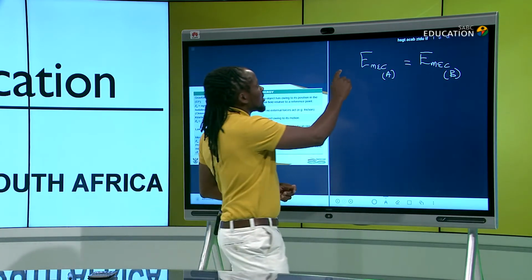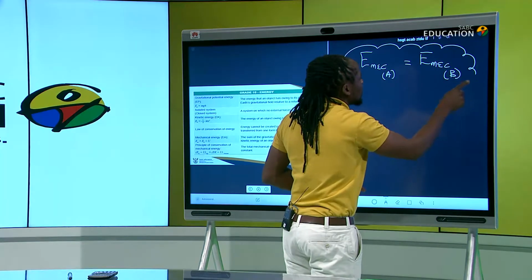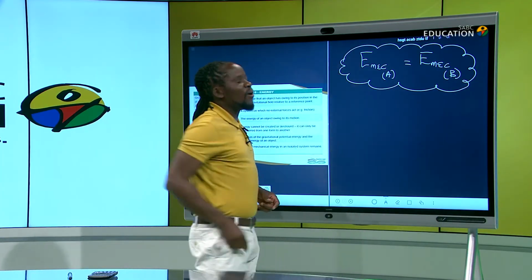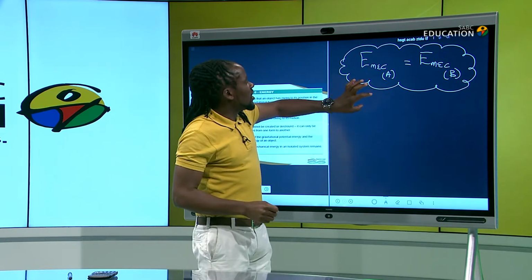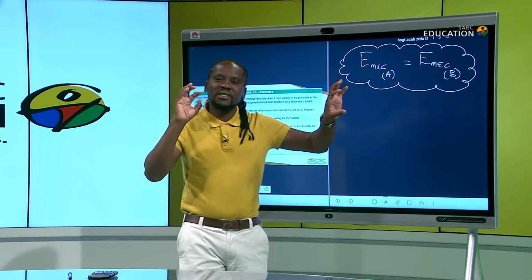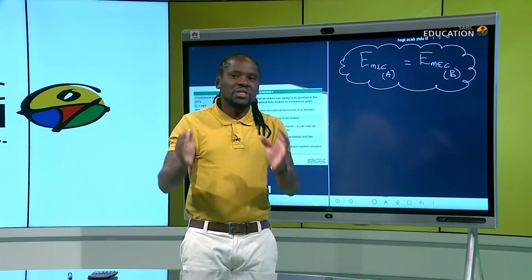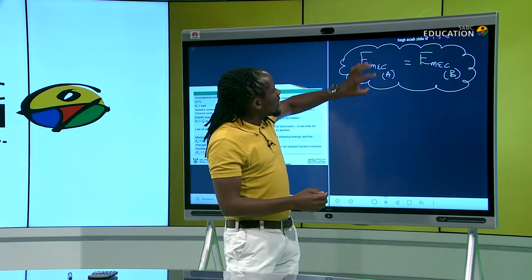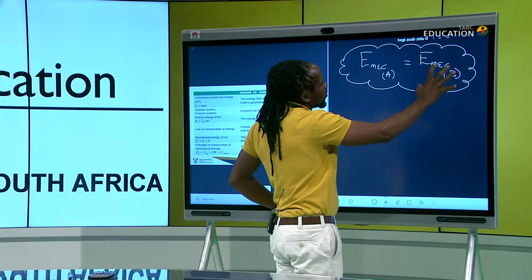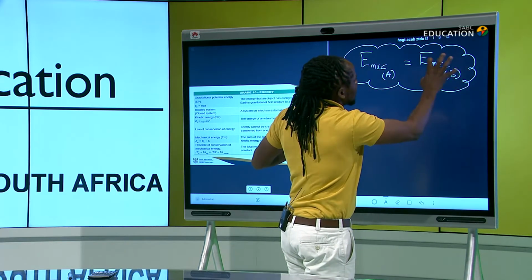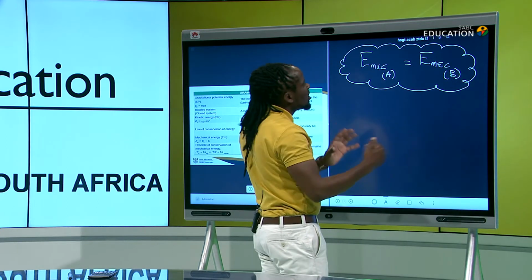This is the mathematical representation of the principle or the law of conservation of mechanical energy, saying that the mechanical energy of an object, here we're talking about a single object in a closed system, at a given point equals the mechanical energy at another point, as long as it is within a closed system.